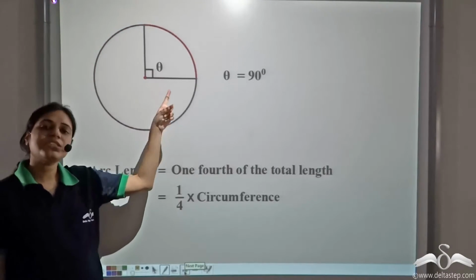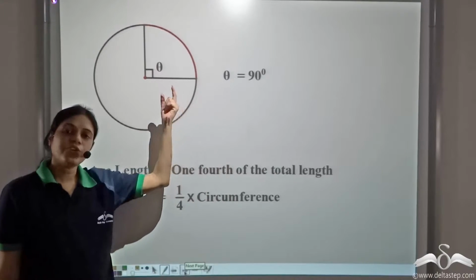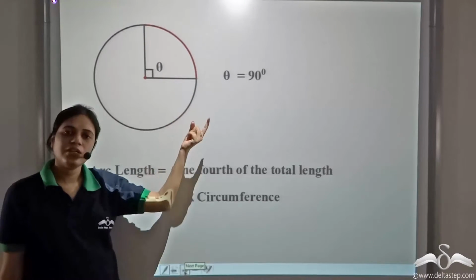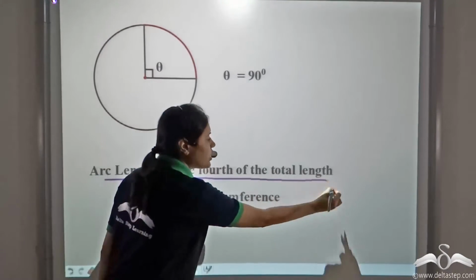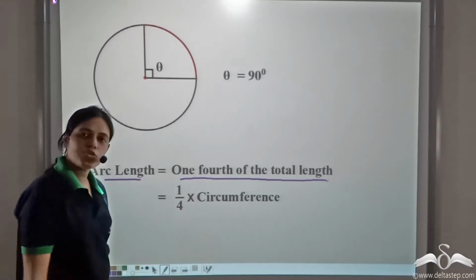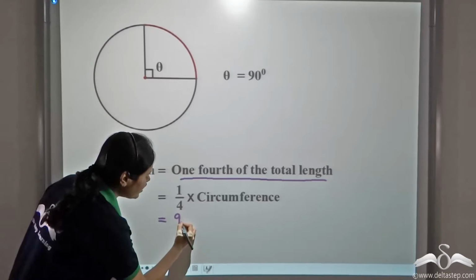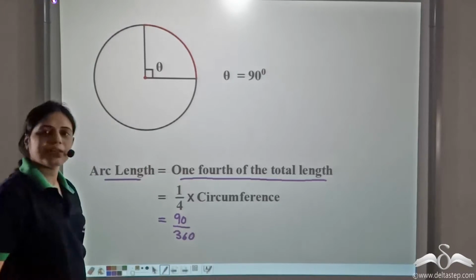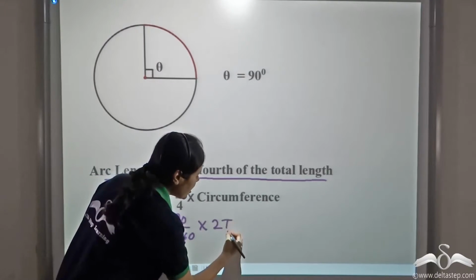Now if the central angle theta is 90 degrees, we get a quadrant, that is 1/4 of a circle. The arc length will also be 1/4 of the total length of the circle, which is equal to 1/4 into circumference. Now this 1/4 can be written as 90 divided by 360, and circumference is 2 pi r.